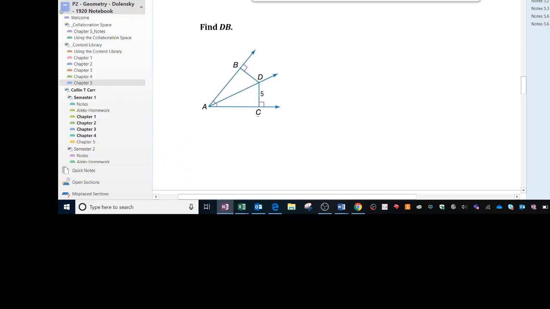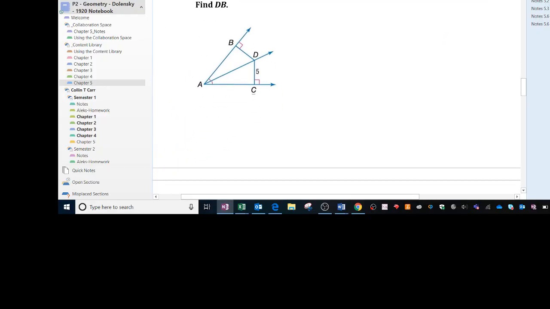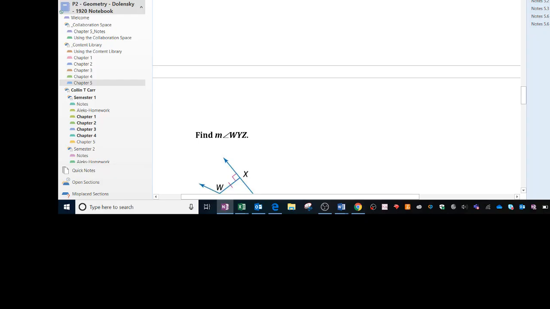So let's look at this. Find DB. DB is what? 5. Okay. It's perpendicular, therefore it's going to be equidistant.